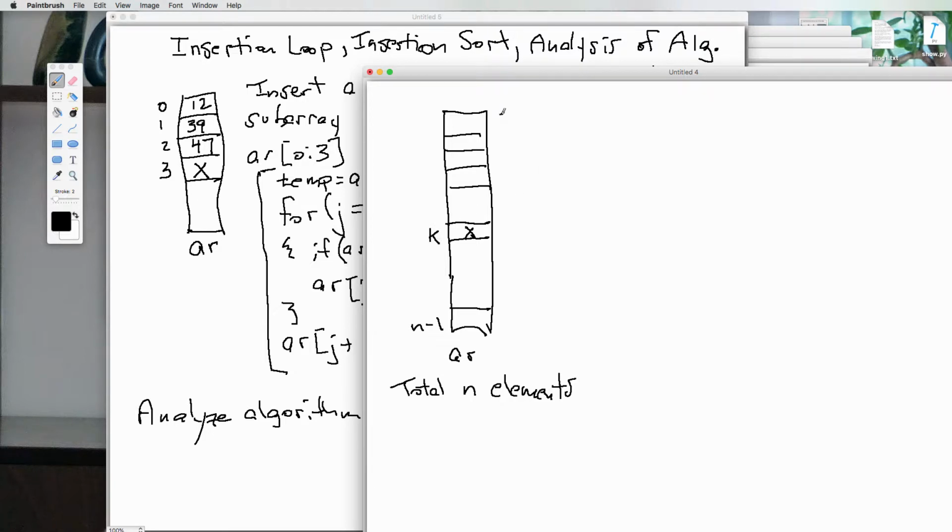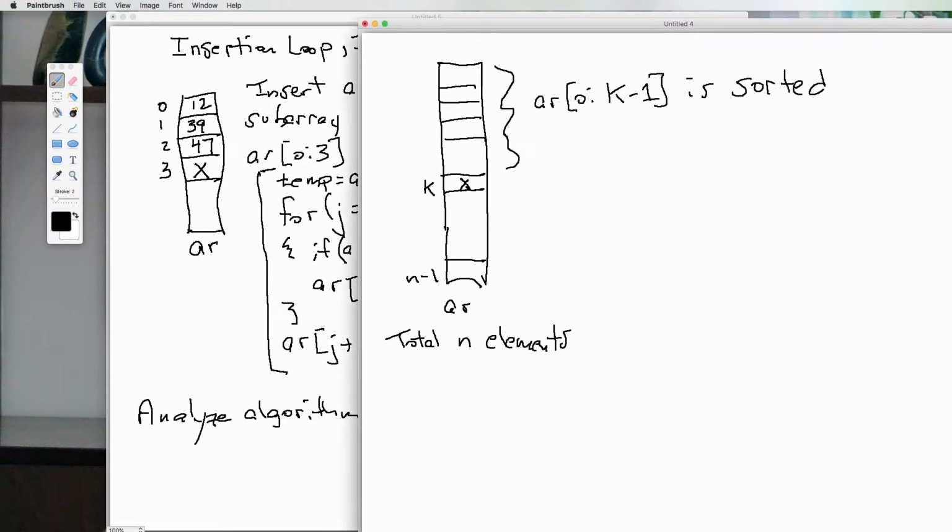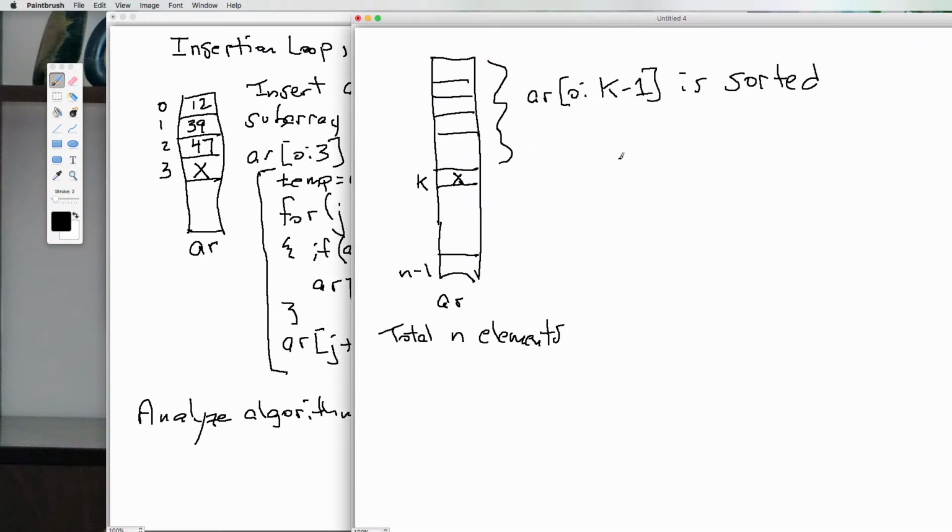And I want to assume that the array AR from 0 to k-1 is sorted. And what I want to do is insert this into the sorted array. And it's going to look just like the last algorithm as before.